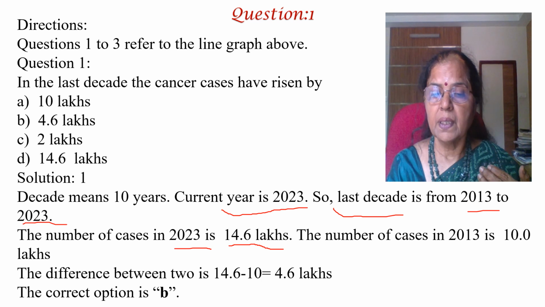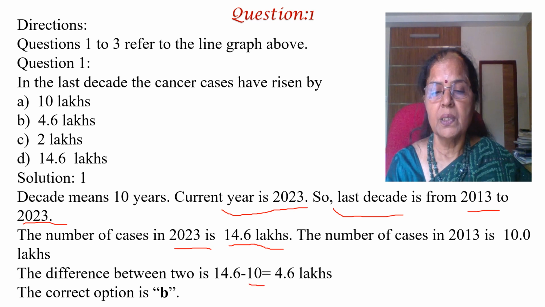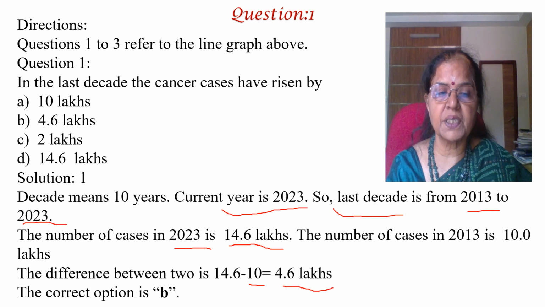Look at what is the point in the y-axis against 2013. It was 10 lakhs. So the difference between 14.6 and 10 lakhs is 4.6 lakhs. So the correct answer is B.